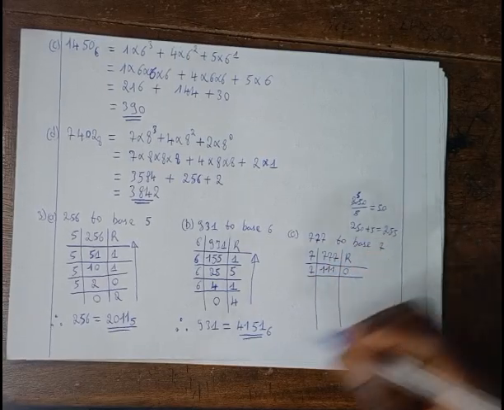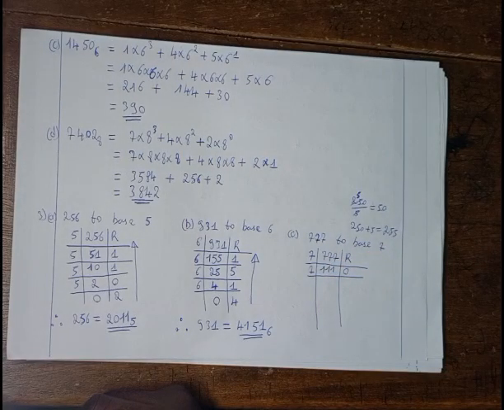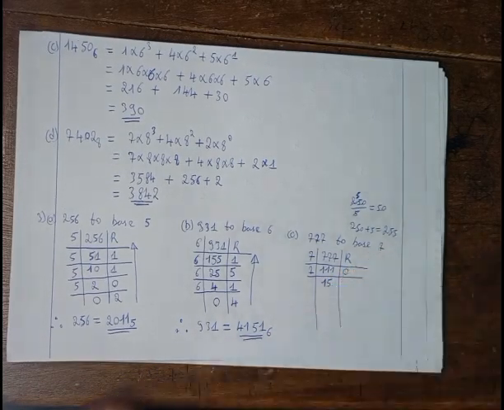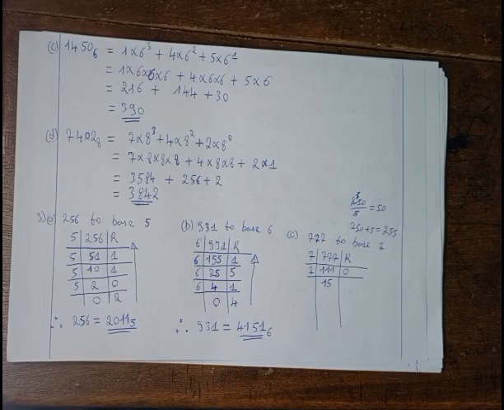Next, we divide 111 by 7. The whole number part will simply be 15. Let's get the remainder. 15 times 7 gives us 105.